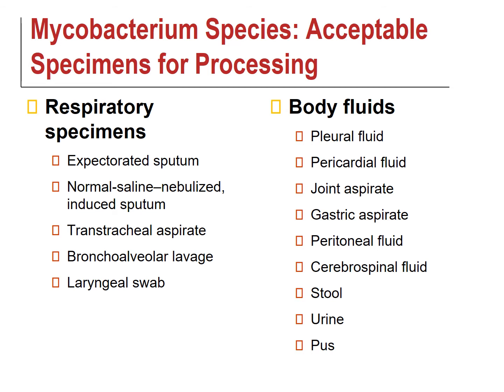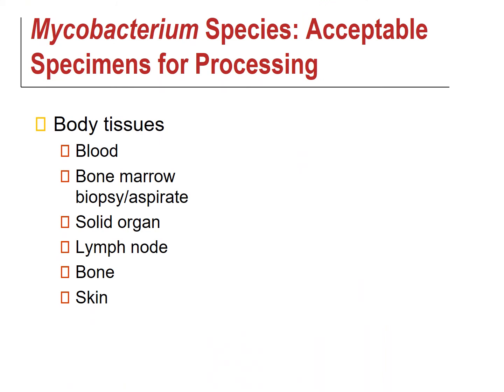Body fluids may include pleural fluid, pericardial fluid, joint aspirate, gastric aspirate, peritoneal fluid, cerebrospinal fluid, stools, urine, and pus may also be submitted for mycobacterial culture. Body tissues, such as blood, bone marrow, biopsy and aspirate, solid organ, lymph node, bone, and skin are also acceptable specimens for processing and will be requested for mycobacterium culture.